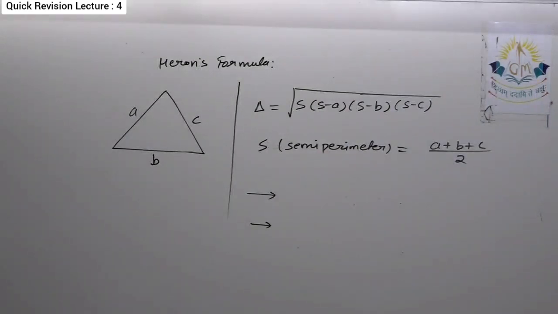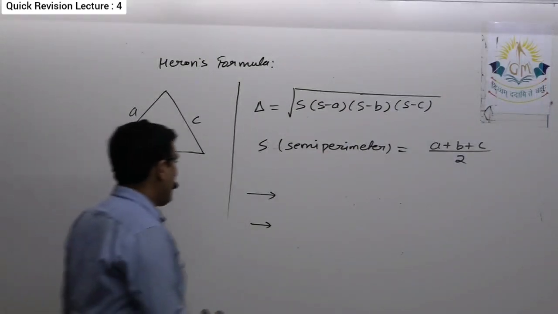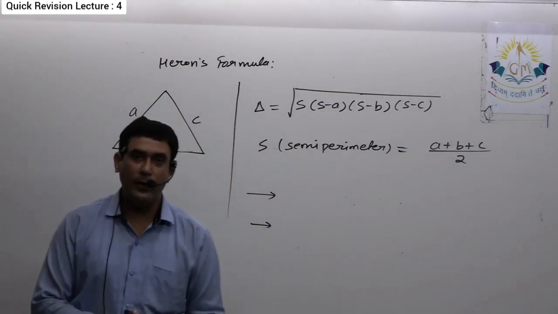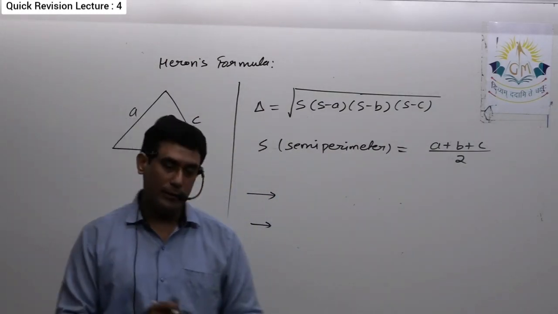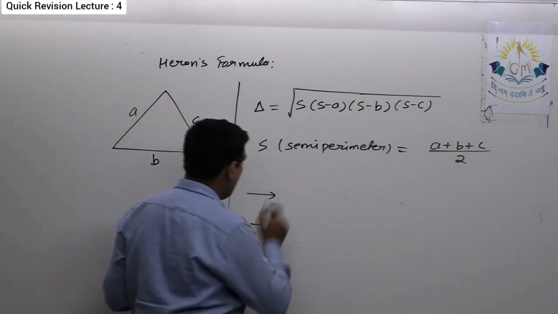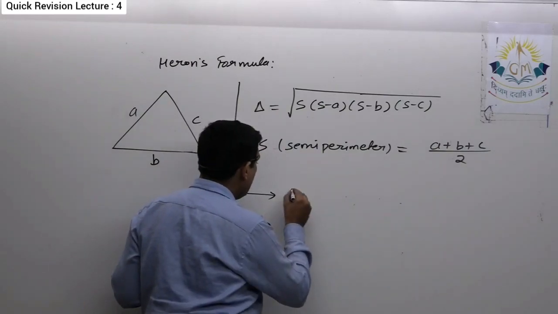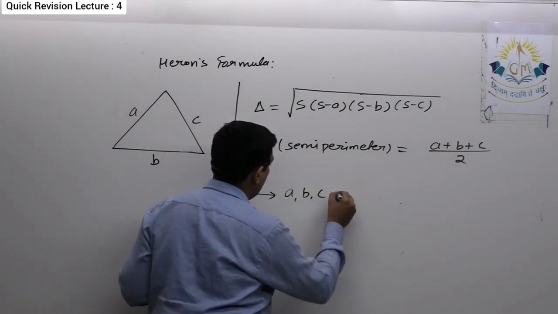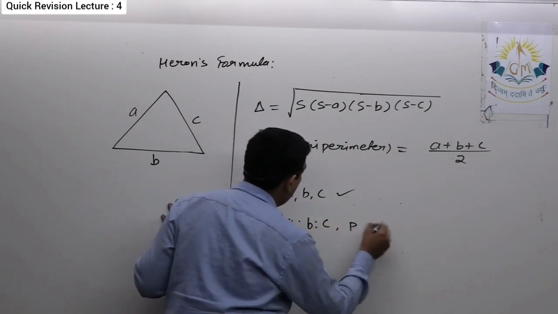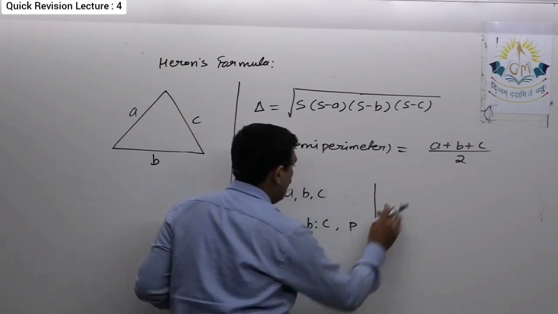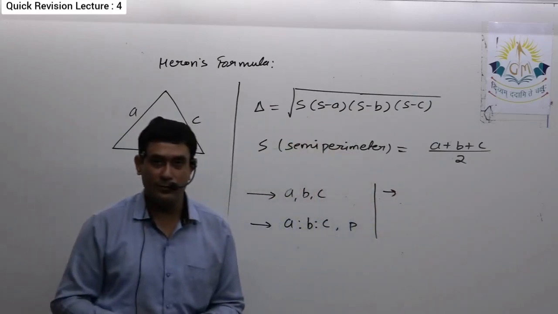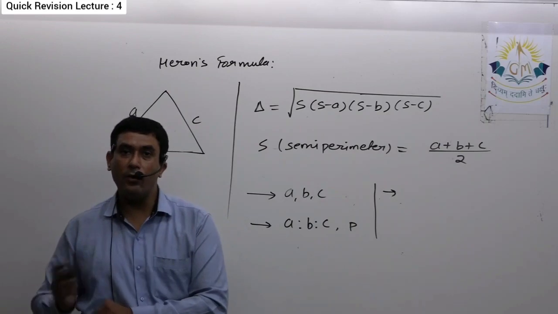Another type of question can be that the ratio of the sides will be given to you and its perimeter will be given to you, and they will ask you to find the area of the triangle. So first I am writing that a, b, c is given directly. Second, a is to b is to c and the perimeter is given. Third, it is given that the triangle is isosceles, and the non-equal side is given.